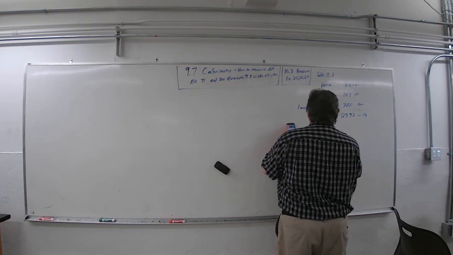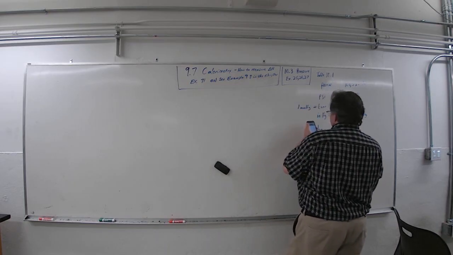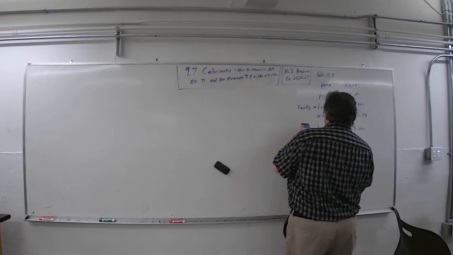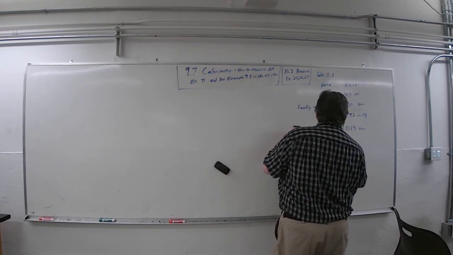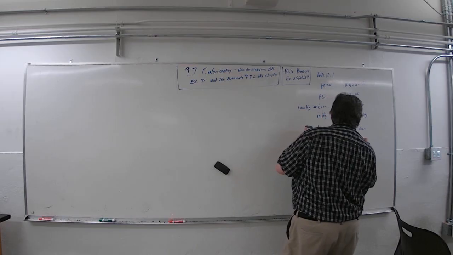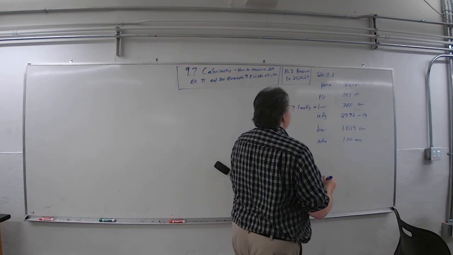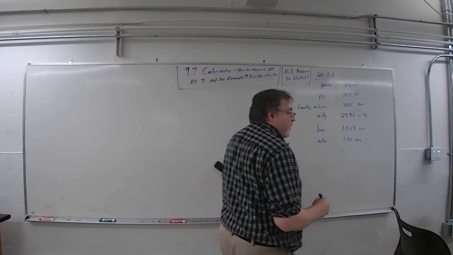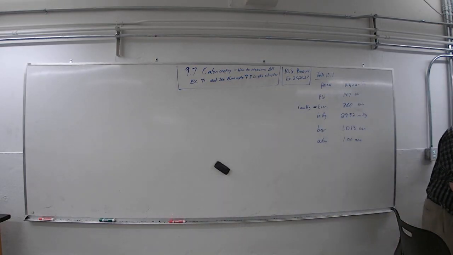Also something called the bar. And then the atmosphere. That's essentially what's in table 10.1. I'll give you those on a test. Most of the calculations I have to do use atmospheres.